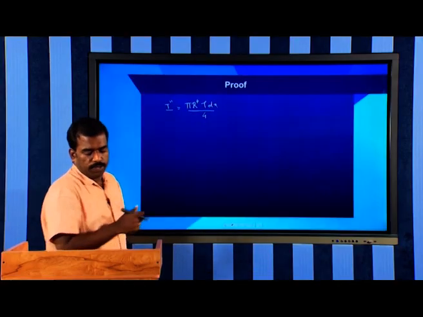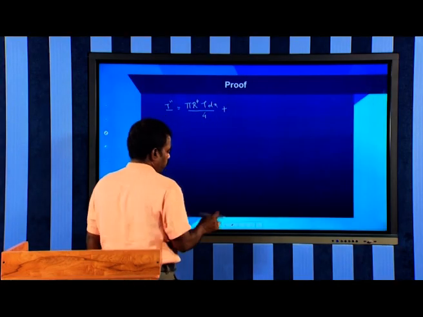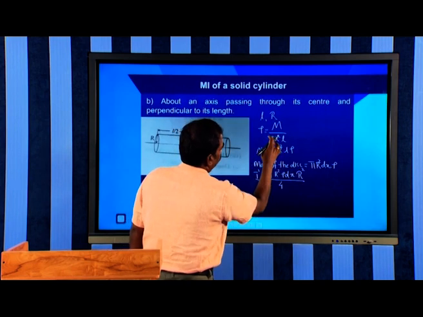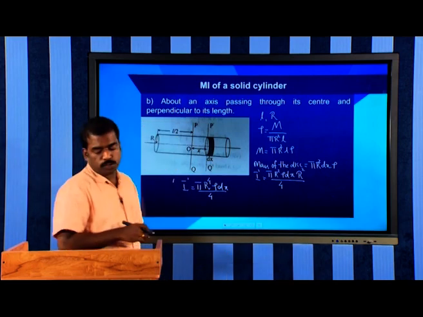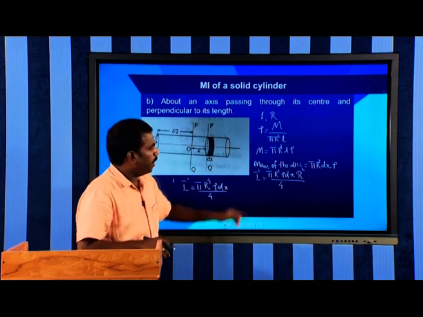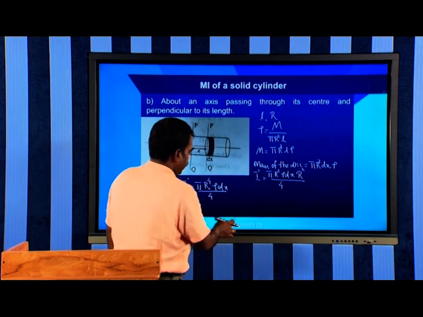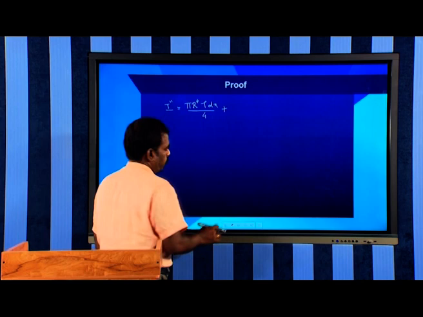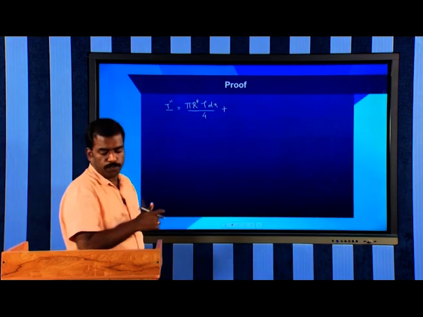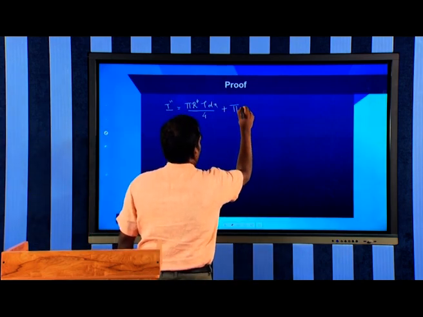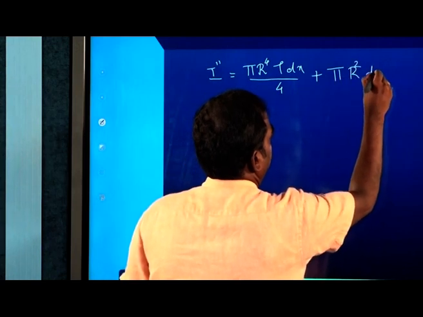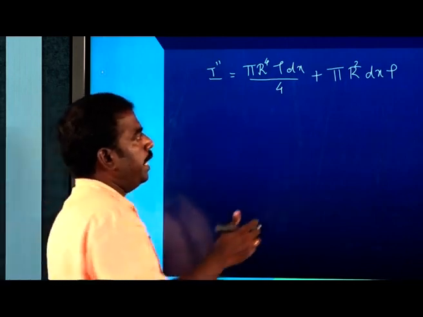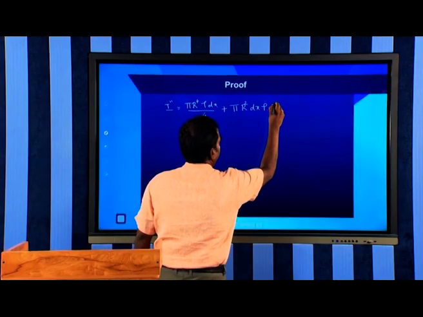Plus mass. What is mass? Pi r square dx. So, it is given by plus mass into distance square: pi r square dx rho, which will give you the mass of the disk, into distance square x square.